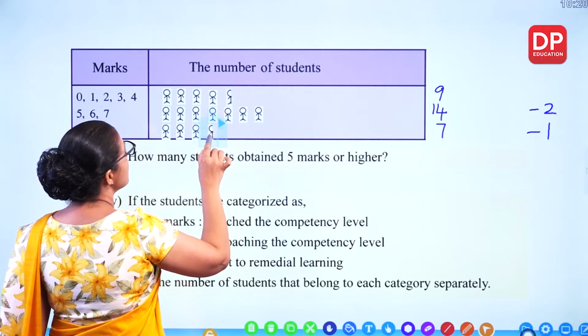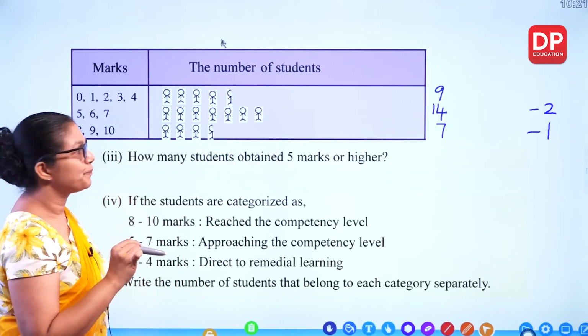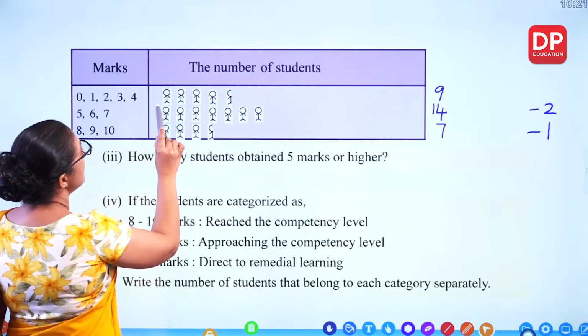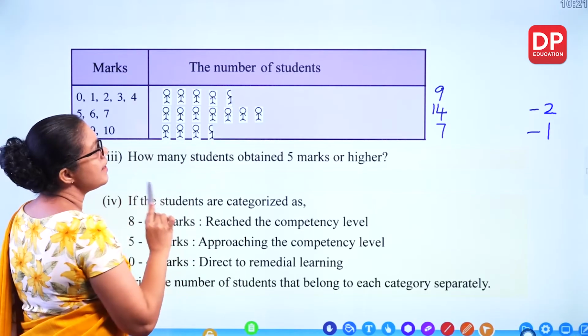So you get 7 there. So here it represents 9, 14 and 7.